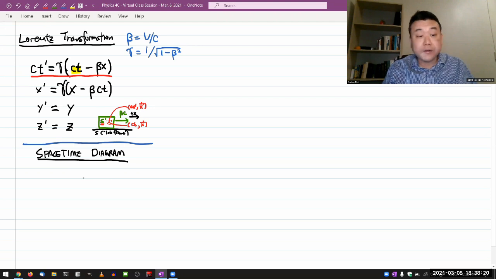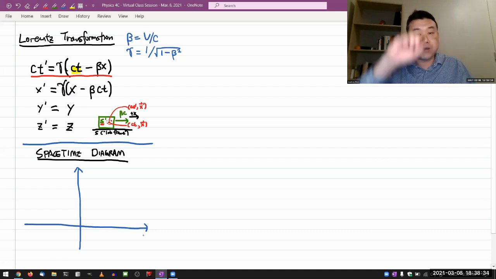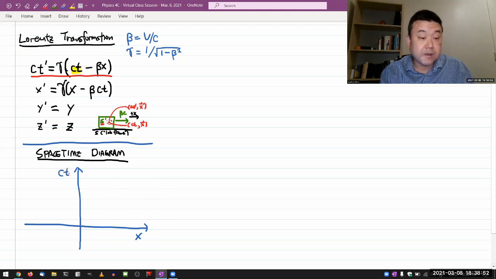So what it looks like is kind of an XY graph. The only thing that's different is what the axis represents. In an XY graph, x represents a horizontal axis, y represents a vertical axis. With the space-time diagram, the horizontal axis traditionally represents x, one of the dimensions of position, and the vertical axis, or the vertical-ish axis, represents time, ct.